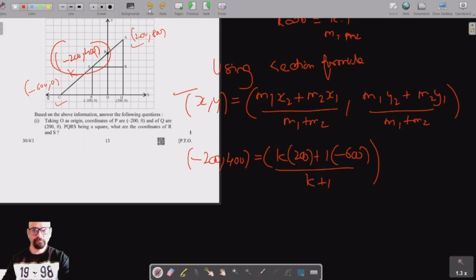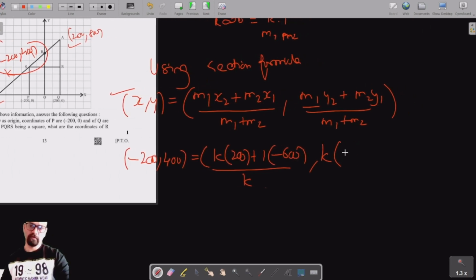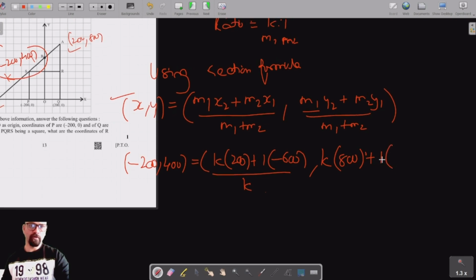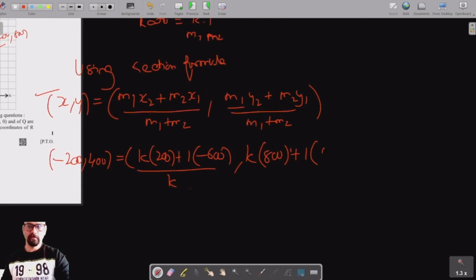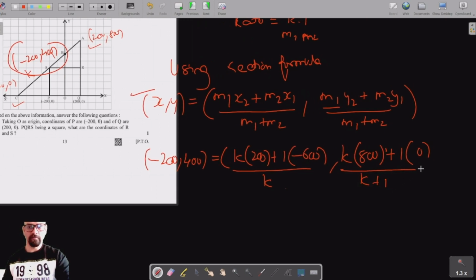And let's put in the respective values here: m1 is k, y2 is 800, plus m2 is 1, y1 is 0, and this is k plus 1.